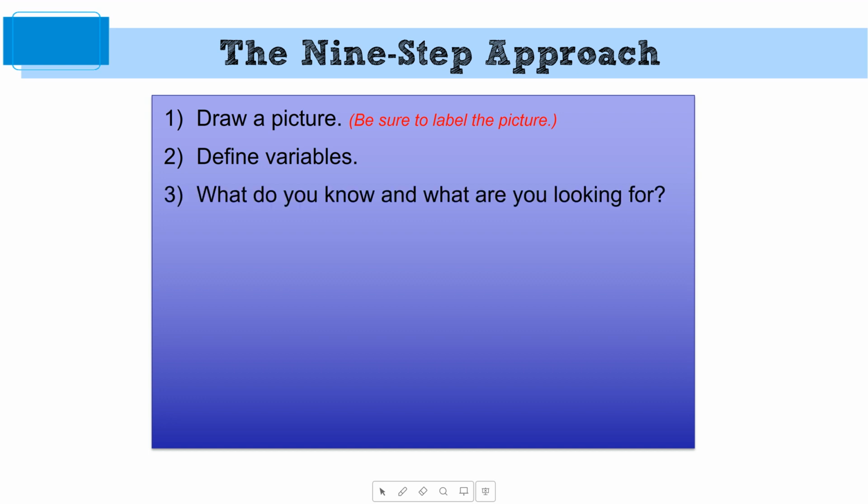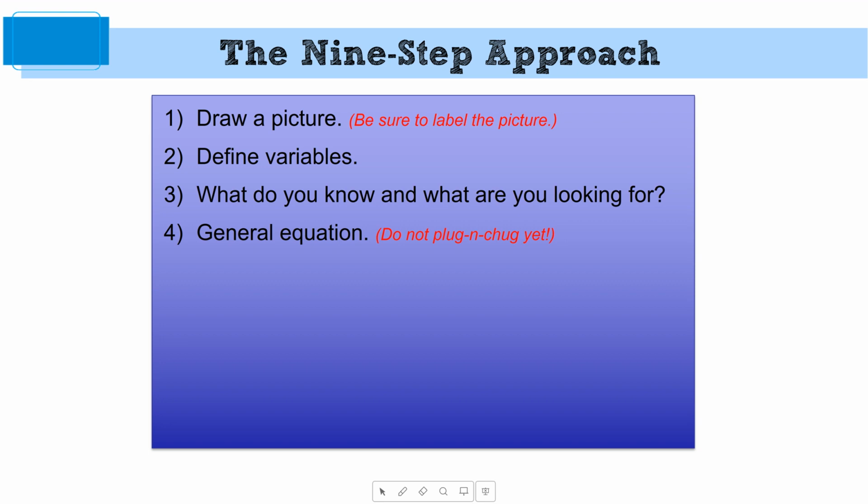Number 3, what do we know and what are we looking for? What's the given information and what's the question asking? Number 4, write a general equation. That's probably the hardest part.